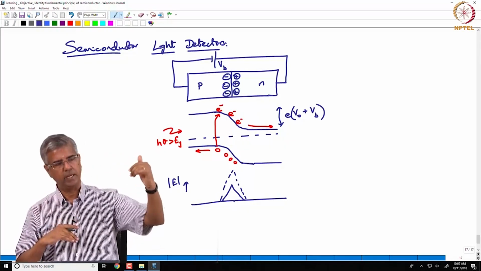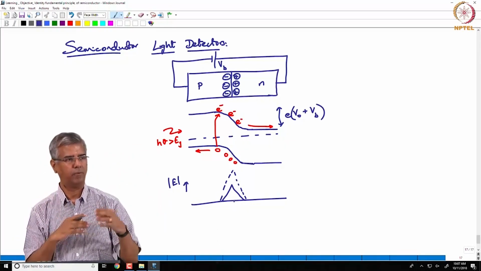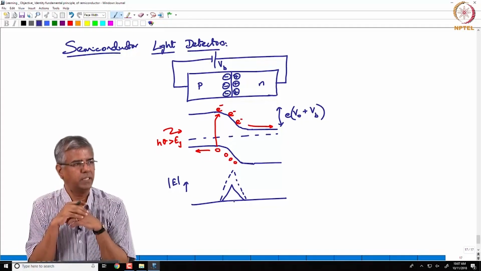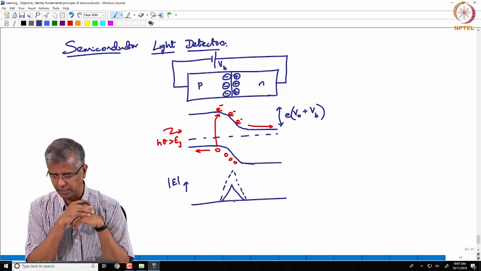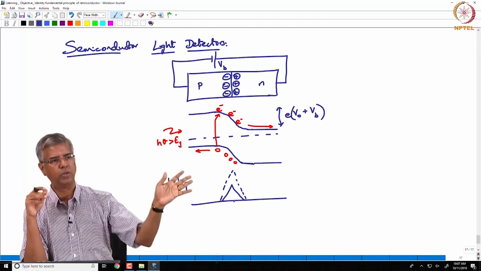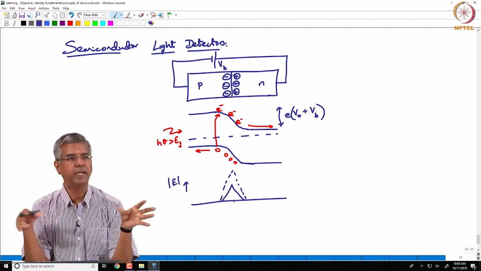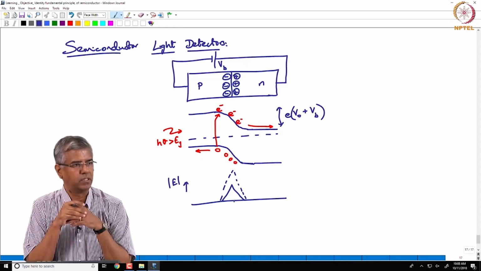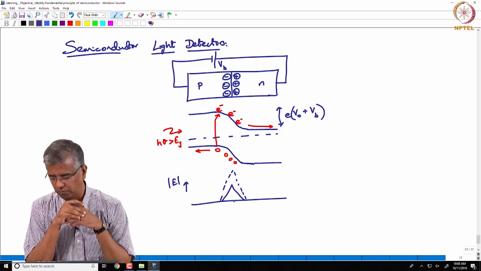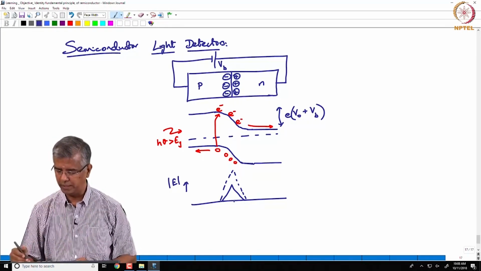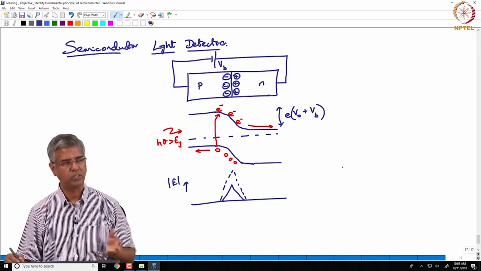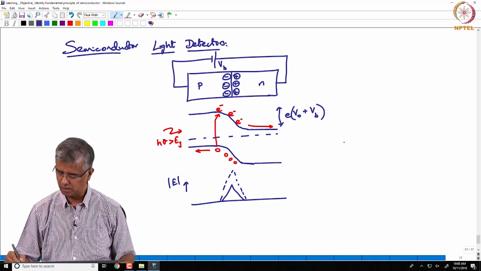So, the electrons actually flow faster across the junction, electrons flowing towards the right side and holes flowing towards the left side. The mobility is increased because of this external field. And when we talk about mobility, we talk about the velocity of these charges.